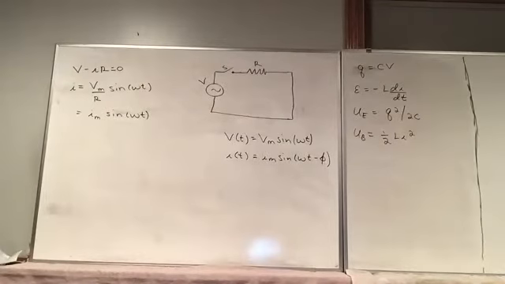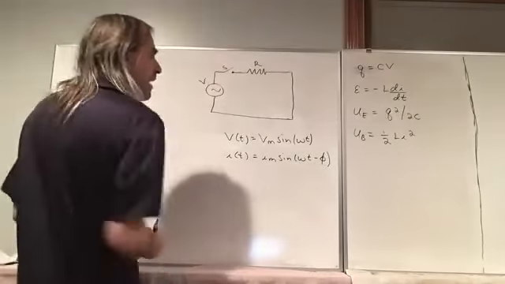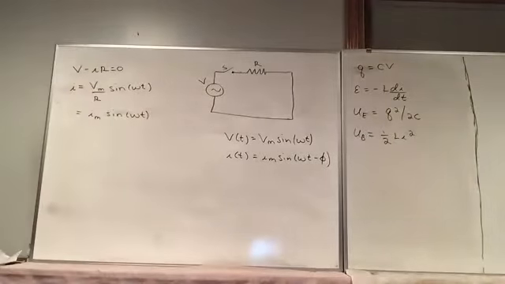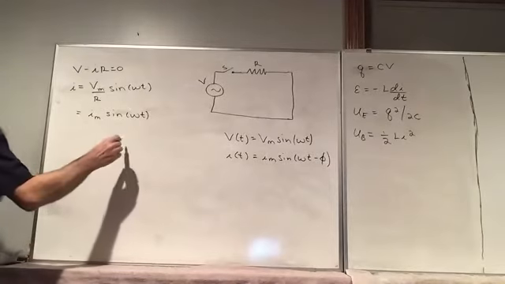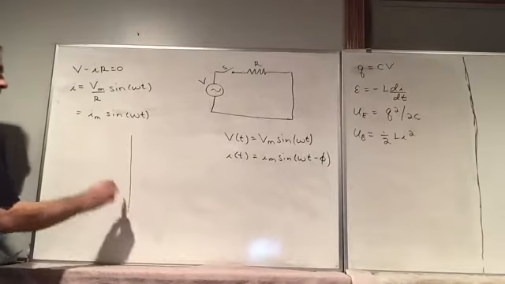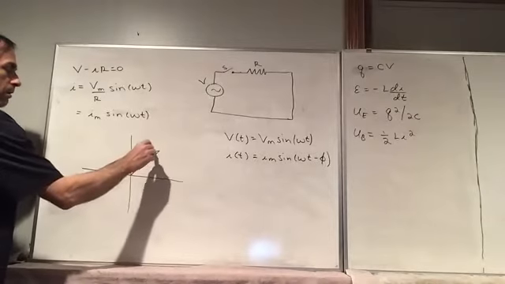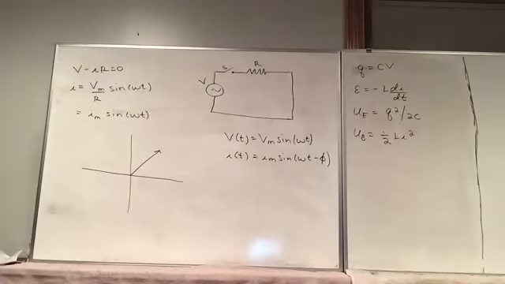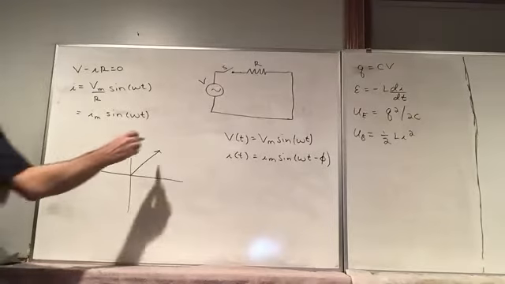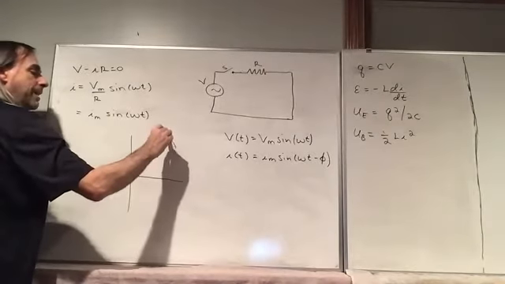But again, even though this is trivial, if we just have a resistor in the circuit, we can still use this to introduce this idea of a phasor diagram. And so what we do is we draw this arrow that is going to rotate with an angular velocity omega.